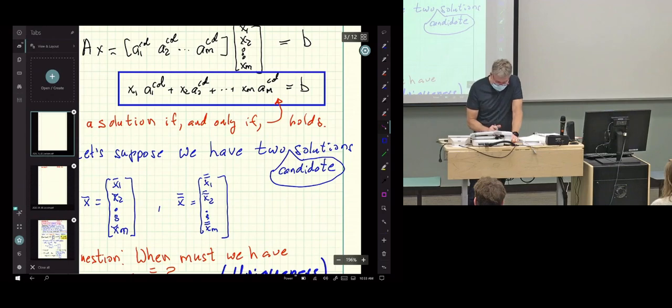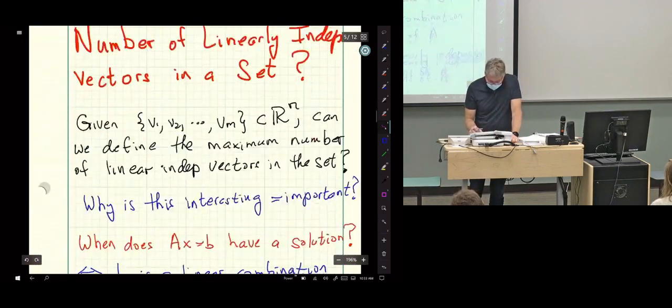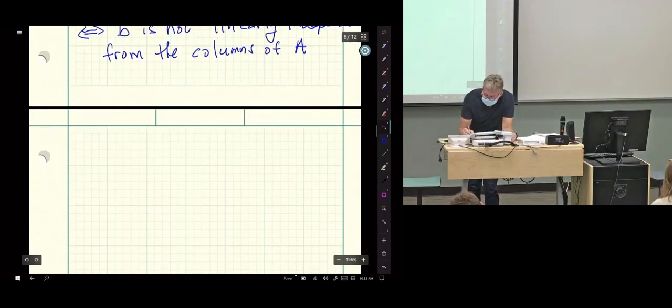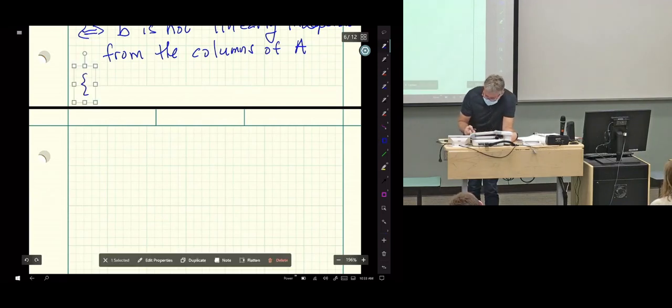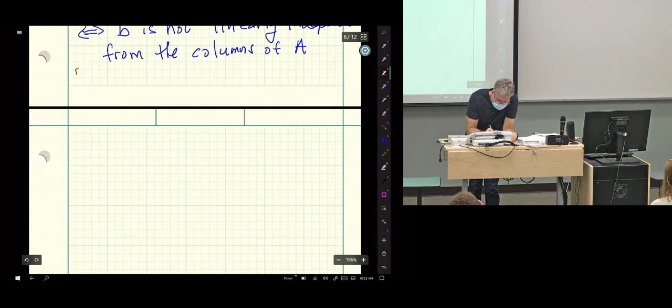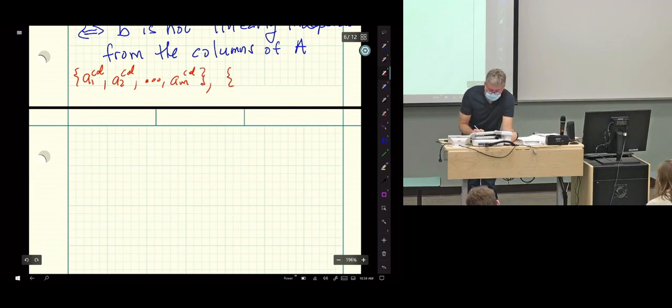So that would mean if I took A1 column, A2 column, dot, dot, dot, AM column, and then I took a second set and I added B to it, that's still A1 column, dot, dot, dot, AM column, and I add B to it.